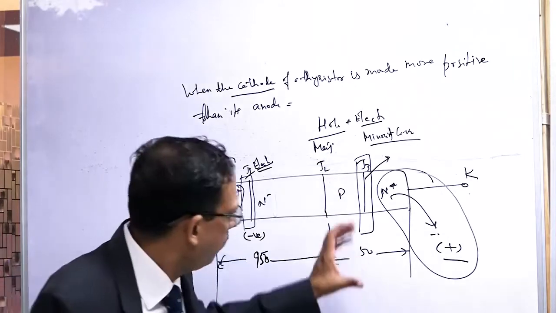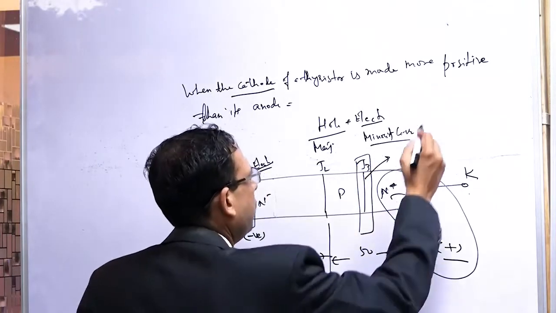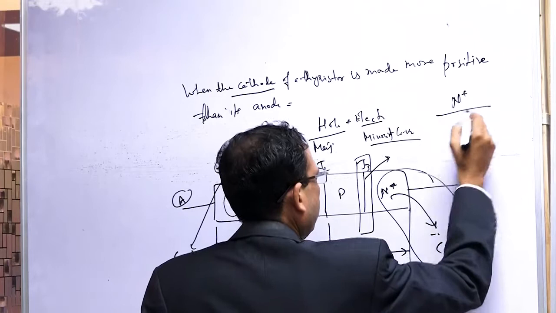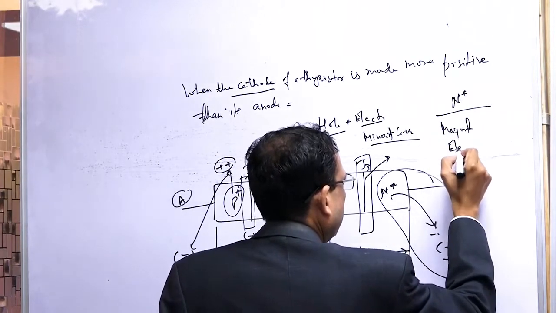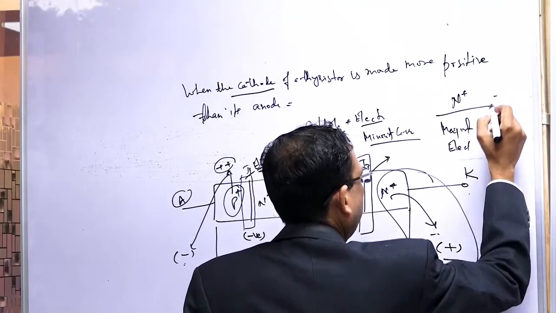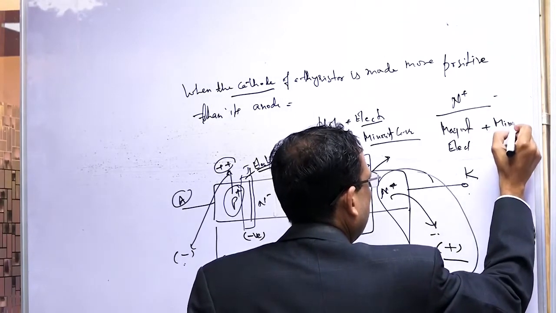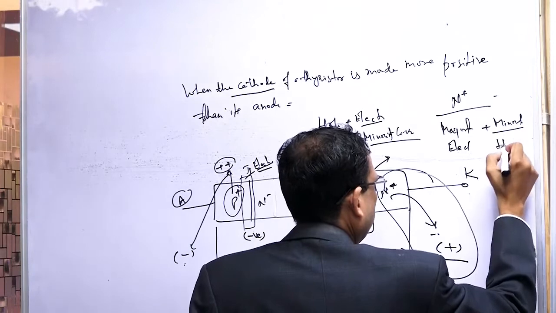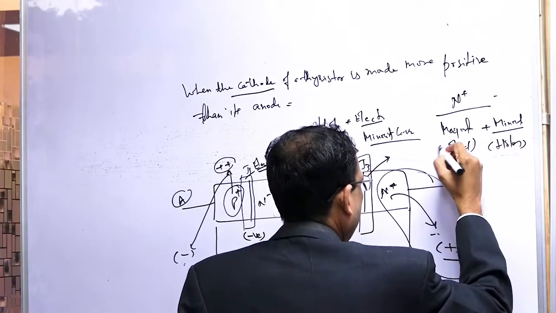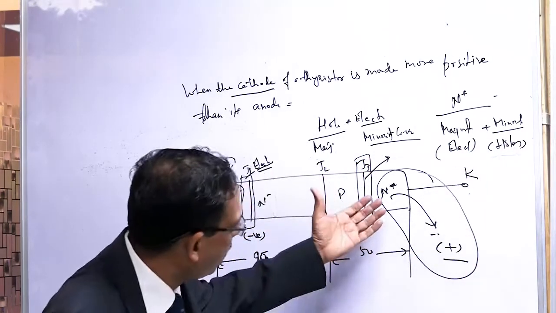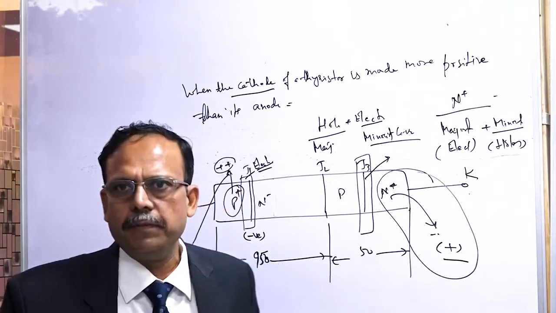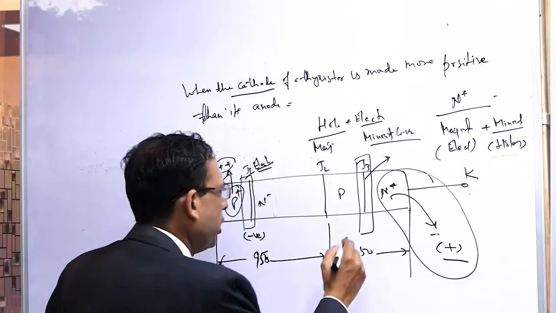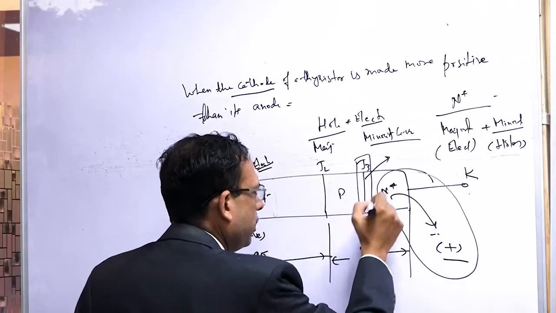If from the N plus conductor, it is going to be majority electrons, plus minority holes, isn't it? Now, if all the negative electrons, N plus means negative, go through the positive, what is going to be in this junction?